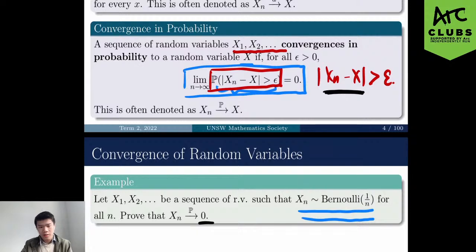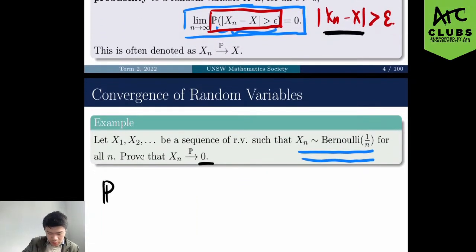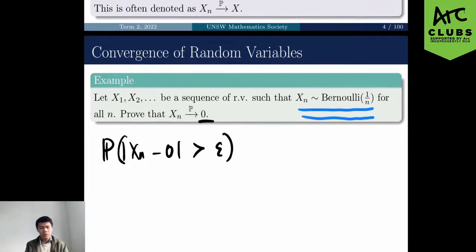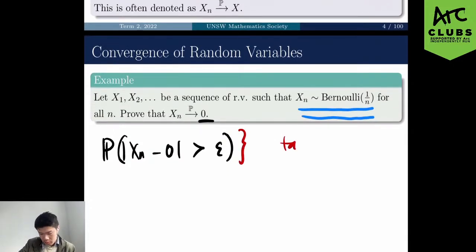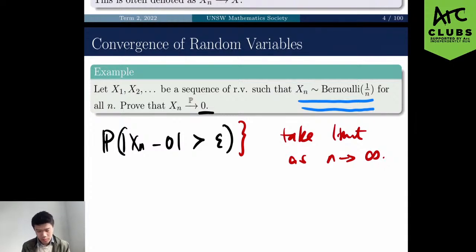So let's calculate the probability that |Xn − X|, in this case X is just equal to 0, is greater than epsilon. Then we take the limit as n approaches infinity, and observe that it will go towards 0. Okay, so let's try that.